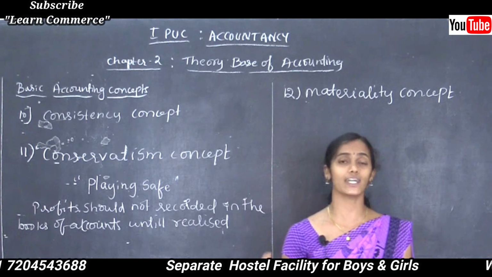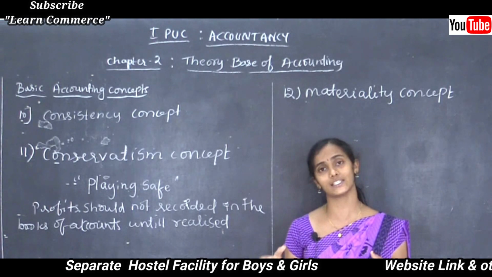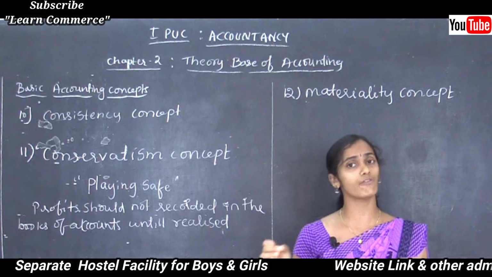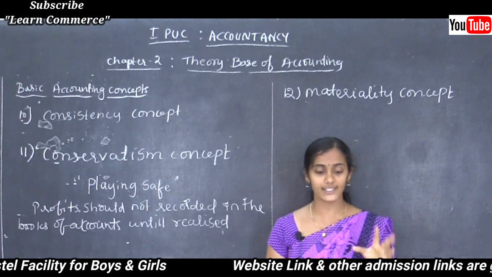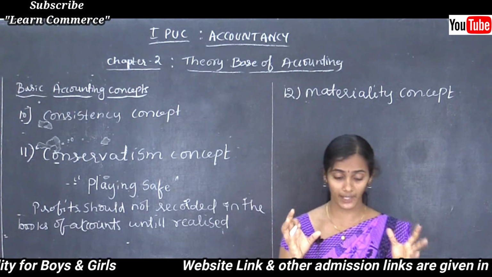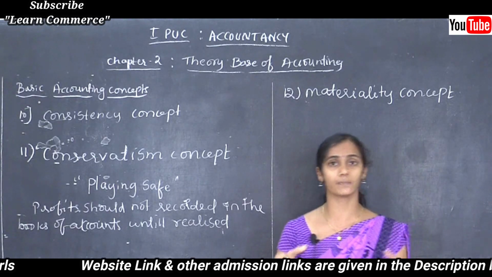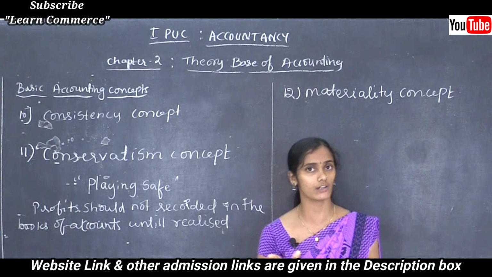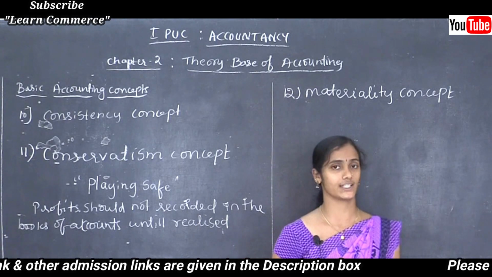The question that arises here is, what is a material fact? A material fact depends on its volume and the amount involved. It depends upon the nature of the transaction and the amount involved in that transaction.